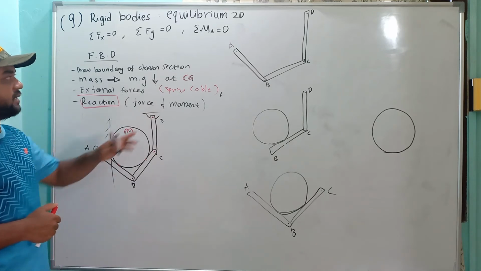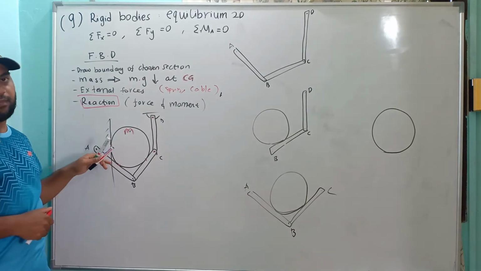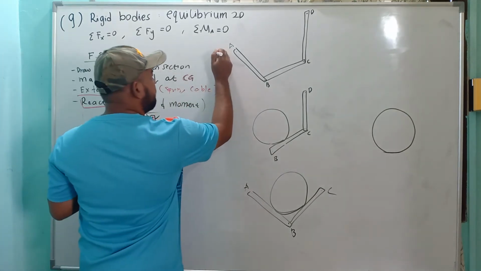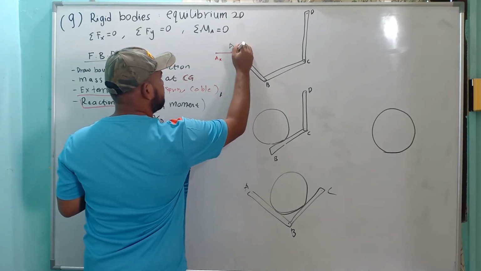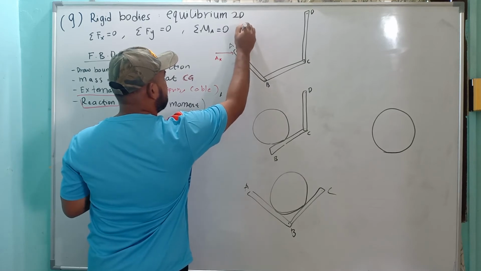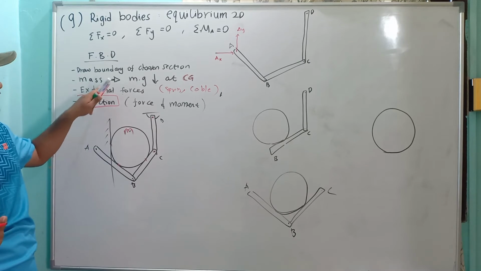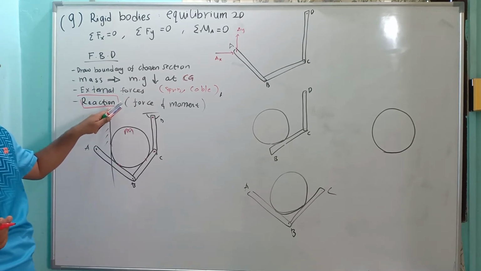Here we have this part at point A. You see that you have something attached here on the surface. When you open this one, you should have reaction forces AX and AY. If you want to follow this, you see that there's no mass, so I ignore the mass. There are no external forces, so I ignore those. I go directly to the reaction force.